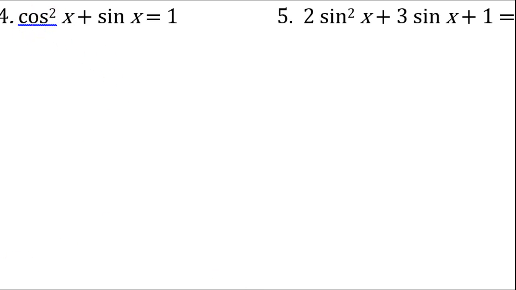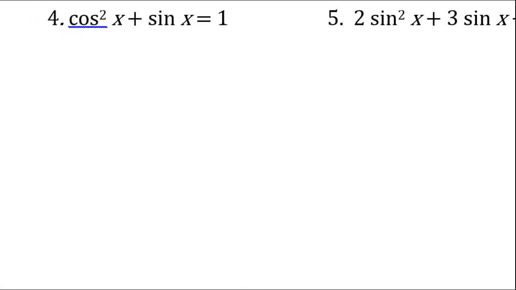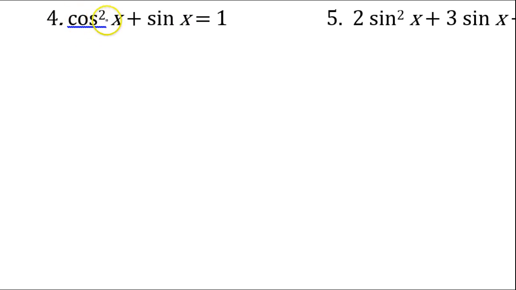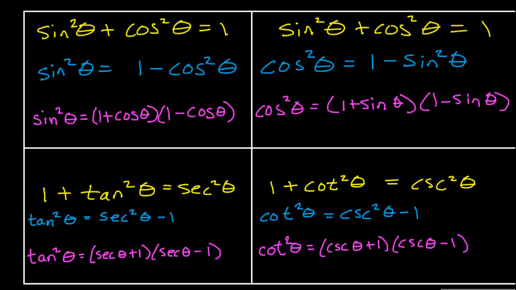For this problem, I see that we have cosine and sine in the same problem. That's no good. I want to have all one type of function. So I'm going to make a substitution. Thinking of my Pythagorean identities, cosine squared is going to equal 1 minus sine squared.